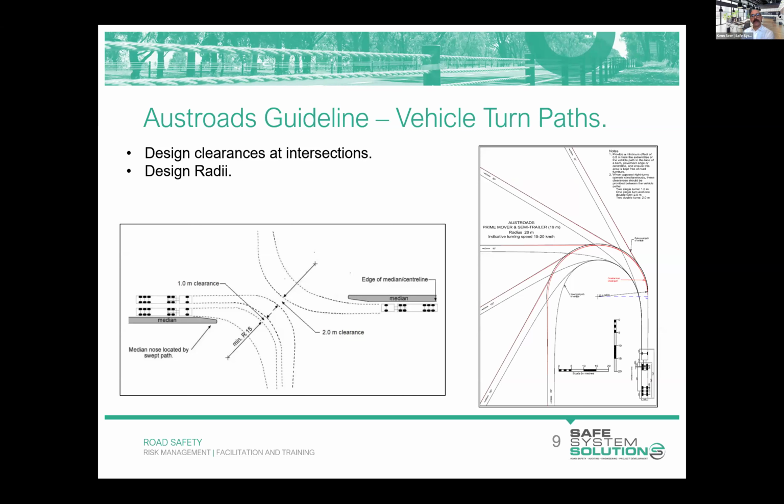So that sits outside swept path analysis. So in a road safety audit, are you going to do that analysis of modelling of vehicle rollover, or even just the swept path analysis, or neither of those?